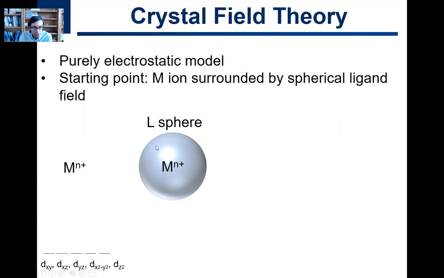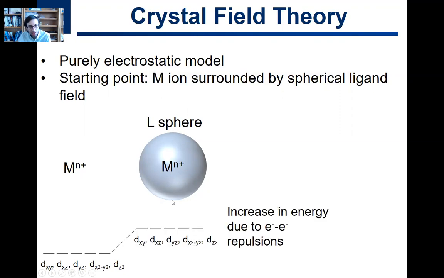Now what we're doing is this hypothetical spherical ligand sphere. Let's say there's 6 ligands, they're moving around hypothetically just so that they make a sphere. What is going to happen? And thinking about this purely in an electrostatic sense, there are electron clouds on the ligands, and there's electron clouds on the metal ion.